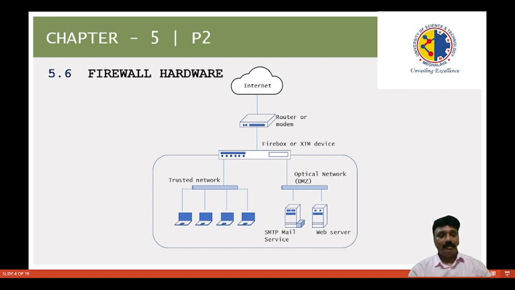So if we look into the depth, the firewall filters the information as well as it will monitor the information from the internet, and it will identify the traffic of data, and it allows the necessary data which is required by the local area network system, which is authenticated one, and unwanted data it will filter.